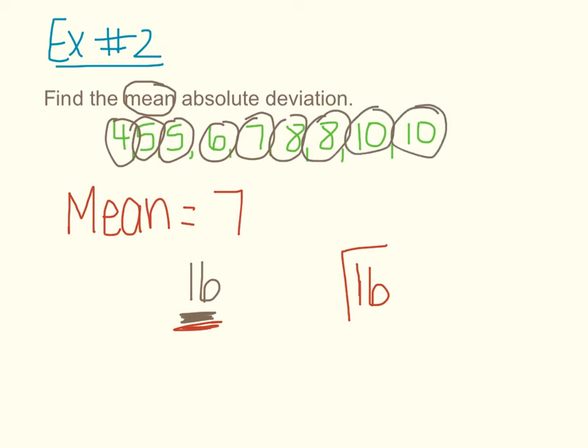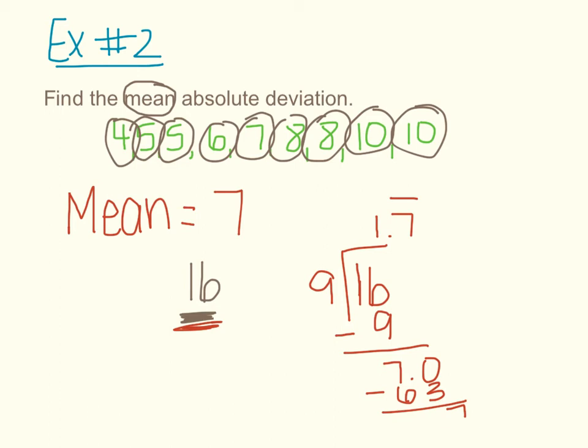So we divide by 9. Add a decimal and a 0. And it's going to keep repeating. So remember, we just put the line over the number. So the mean absolute deviation is 1 7/10 repeating.